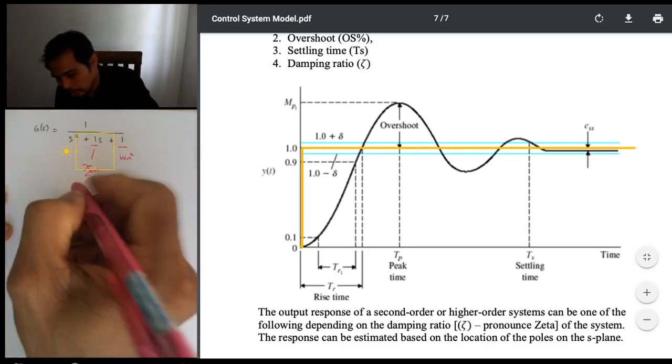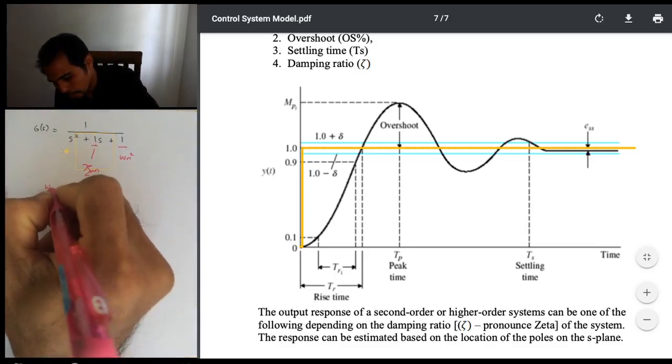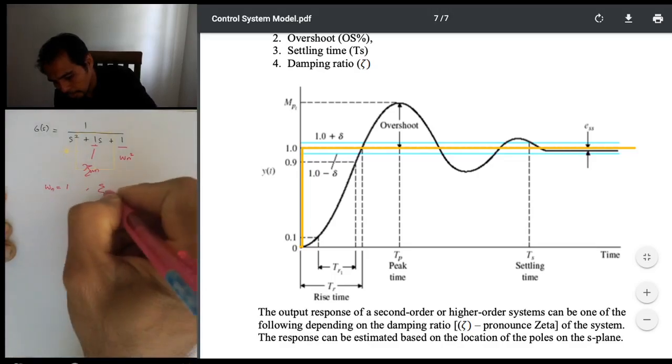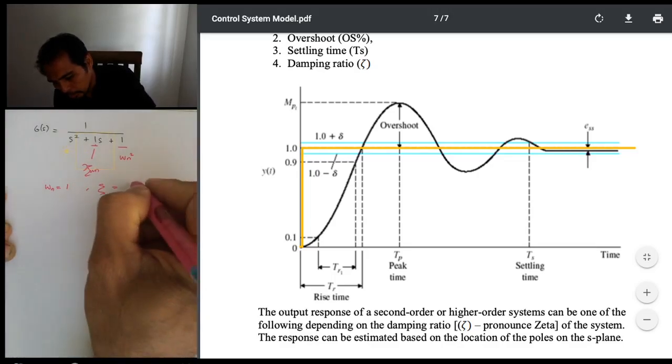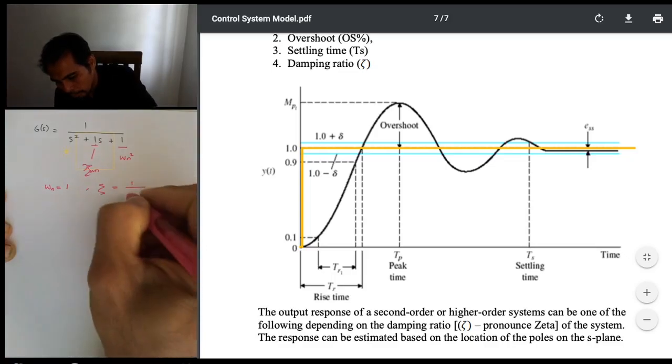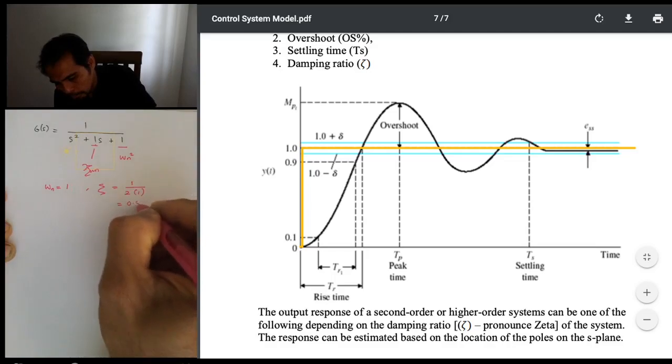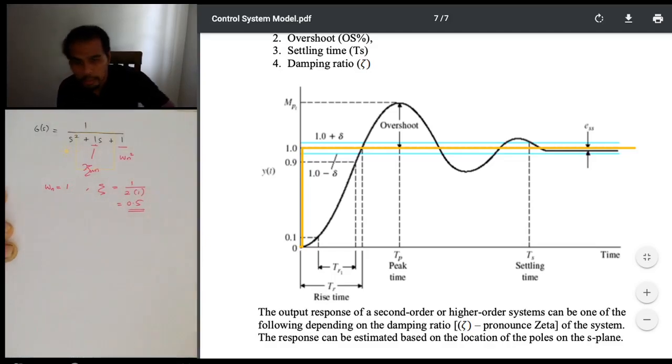Then we can find omega n equal to 1, and zeta equal to 1 over 2, which is 0.5.